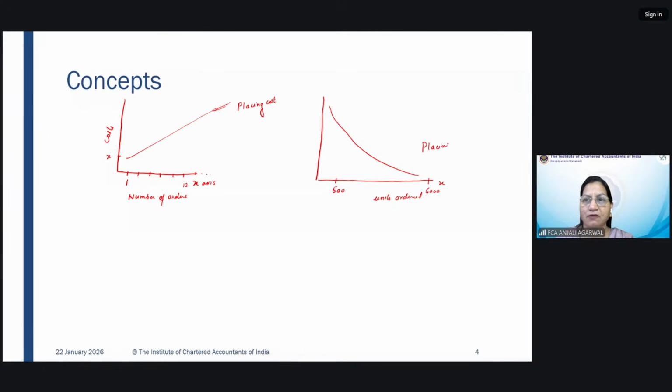So your placing cost graph rises when the x-axis has the number of orders, but the placing cost falls when the units ordered are on the x-axis. As the number of units ordered increases, the number of orders decreases. They have an inverse relation. Placing cost has a direct relation with the number of orders, but an inverse relation with the units ordered, right? So the placing cost will keep on increasing as you keep on placing more and more orders. If I just place an order for 1 unit at a time, there will be 12,000 orders and the placing cost will go very high.